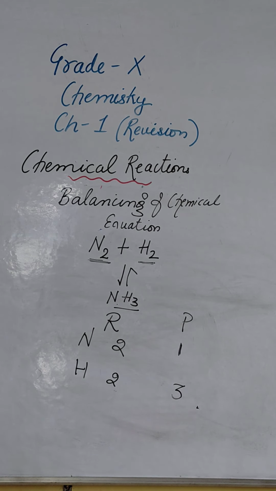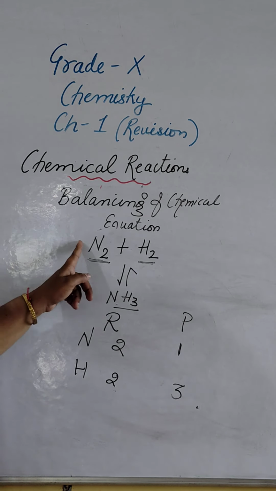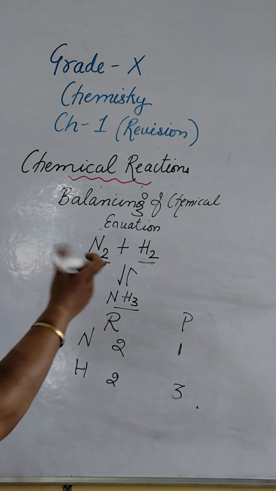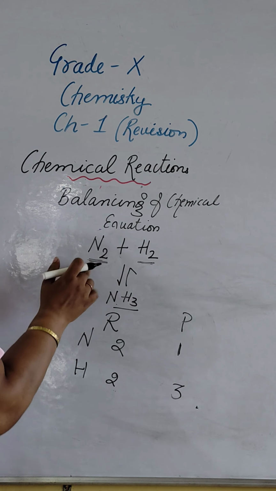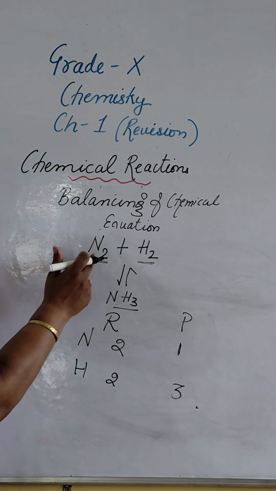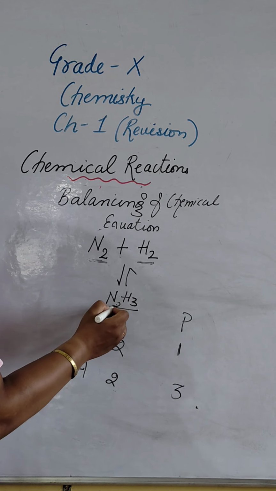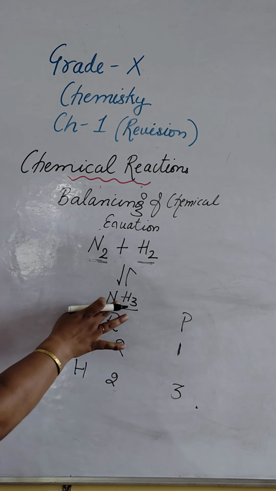Now we need to balance it. We can balance the chemical equation by putting stoichiometric coefficients. Stoichiometric coefficients means the numbers which are added at the front. So while balancing, remember, we cannot add atoms here. Never. If I need to balance it, I cannot add 2 here. No, it is wrong.